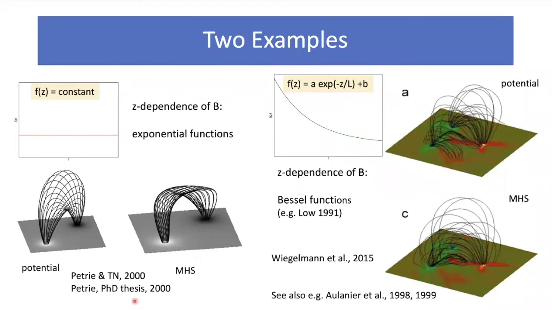A long time ago, Gordon Petrie, when he was my PhD student, played around with these things and investigated them theoretically. In his thesis, and in this paper in 2000, we used basically that f of z is constant. That's the simplest choice you can have. Mathematically, if you change f of z, what you change is how the magnetic field depends on the z coordinate, the vertical coordinate.